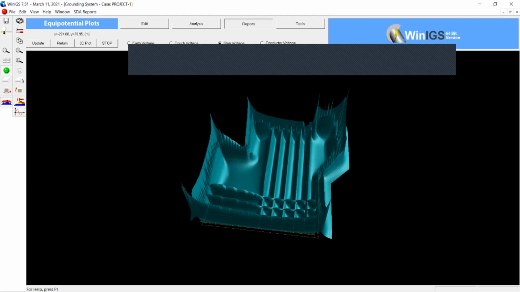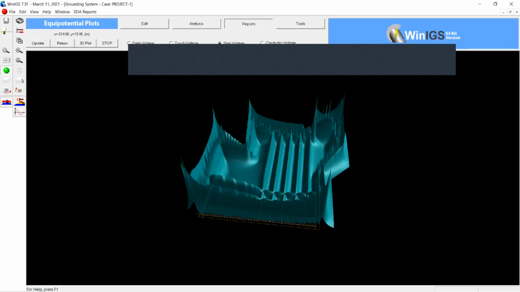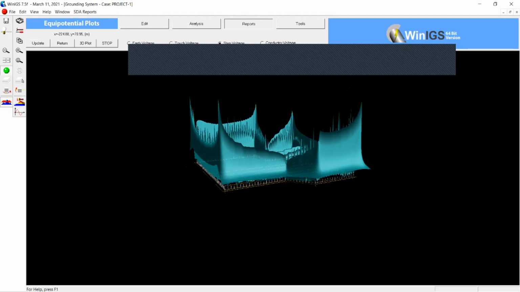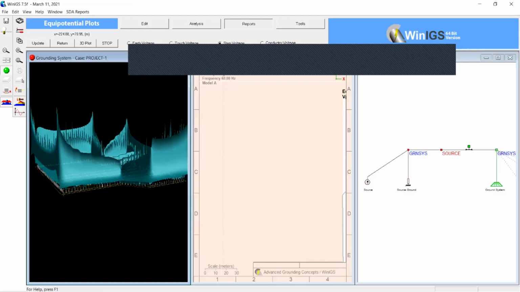Yeah, it could be there. This software is modified each year. Before it wasn't there, but now maybe. So if you have time, go through the instructions.